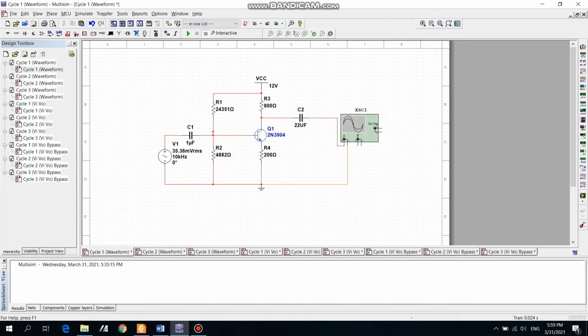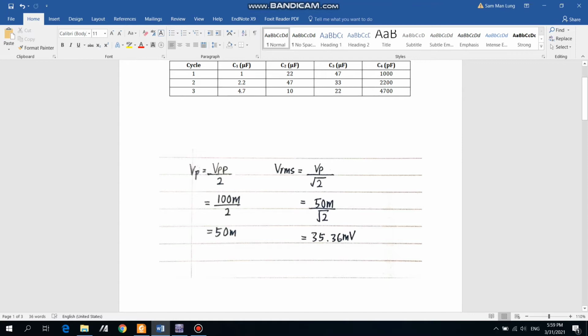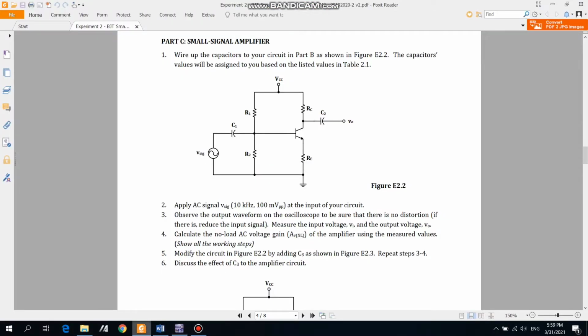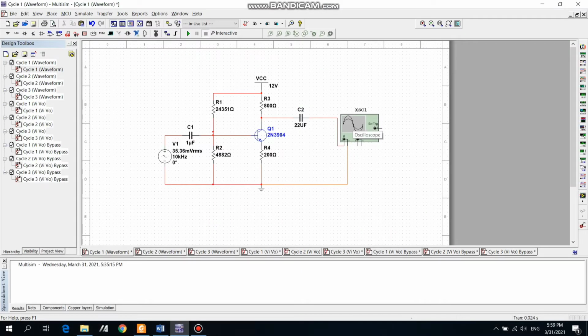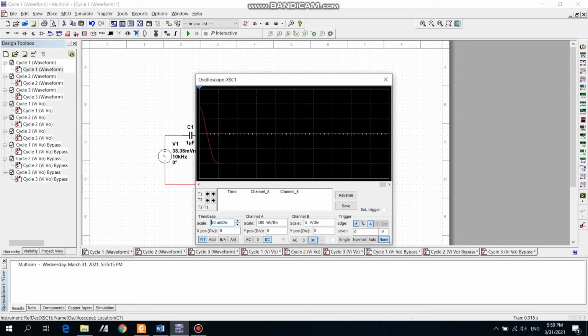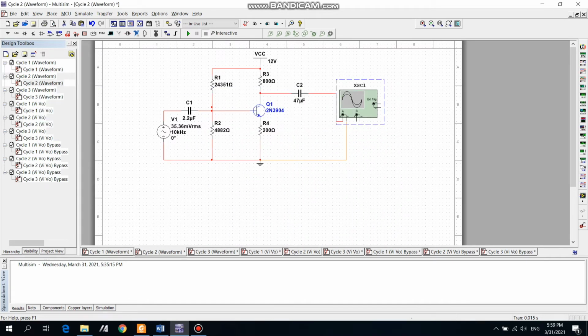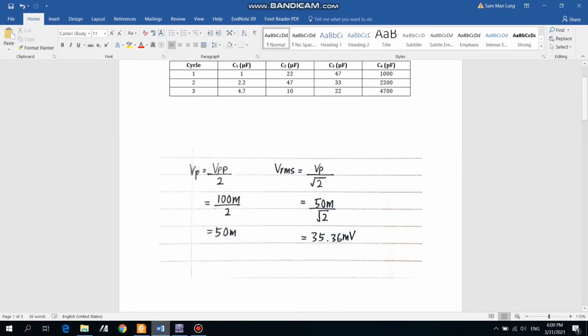this is for cycle 1, the set 1 capacitor values, and then we check the output waveform to make sure there is no distortion. So we check the output waveform, there is no distortion. And then this is cycle 2, we put in the capacitor values from set 2.